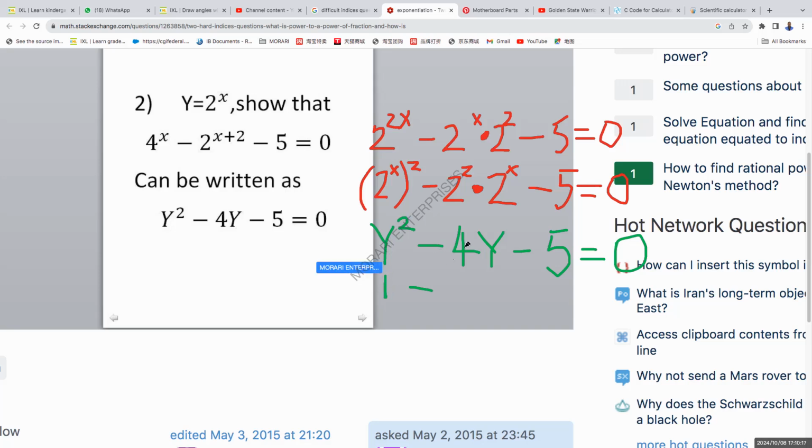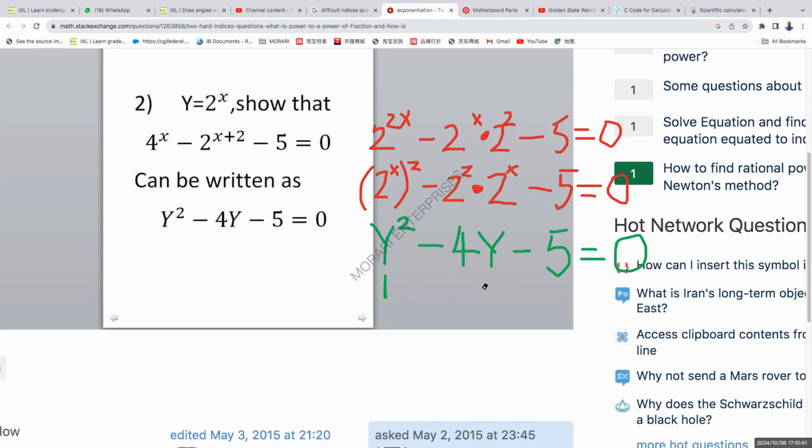Then negative 4 times positive 1 is still negative 4, and then minus 5. Does it give 0? 1 minus 4 is negative 3. Negative 3 minus 5 is negative 8. So it doesn't give 0. So if y is equal to 1, that is a very wrong choice.